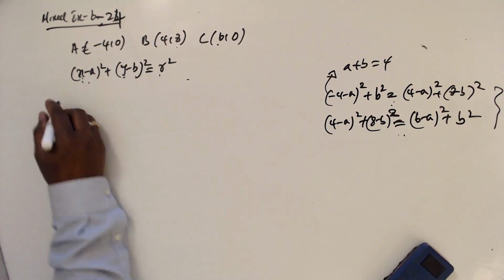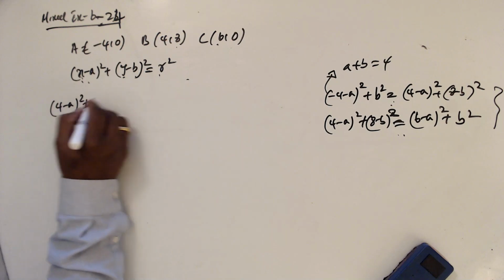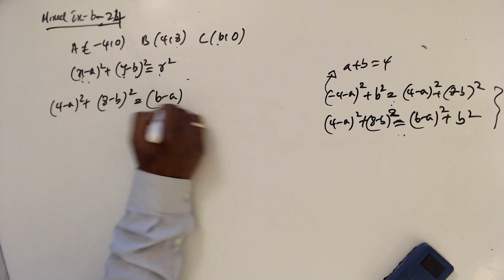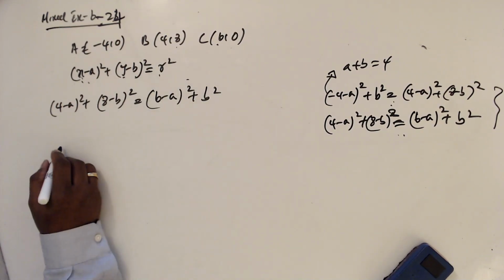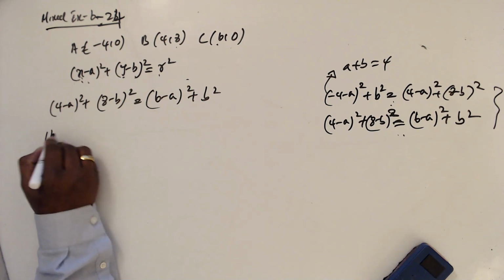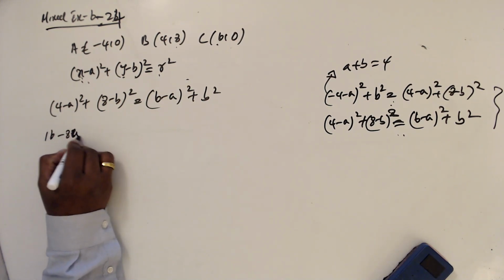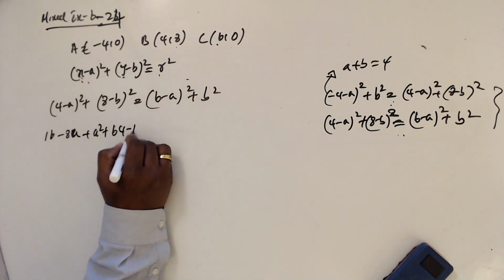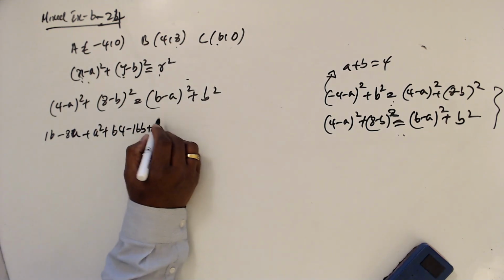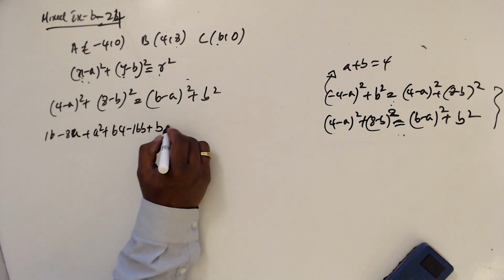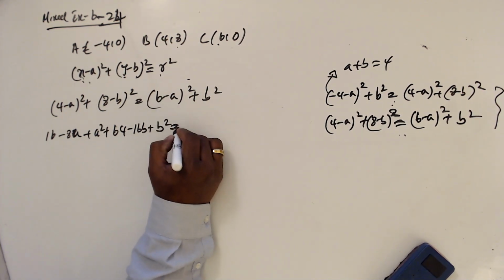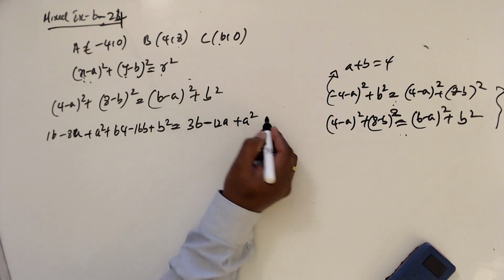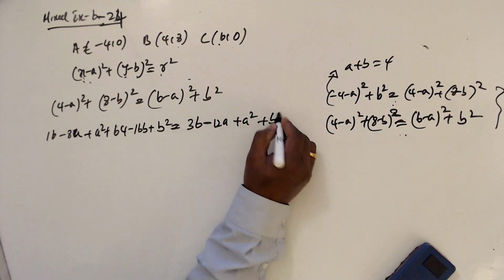Now we'll solve this one. (4 − a)² + (8 − b)² = (6 − a)² + b². So this is going to be 16 − 8a + a², 64 − 16b + b², equal to 36 − 12a + a² + b².